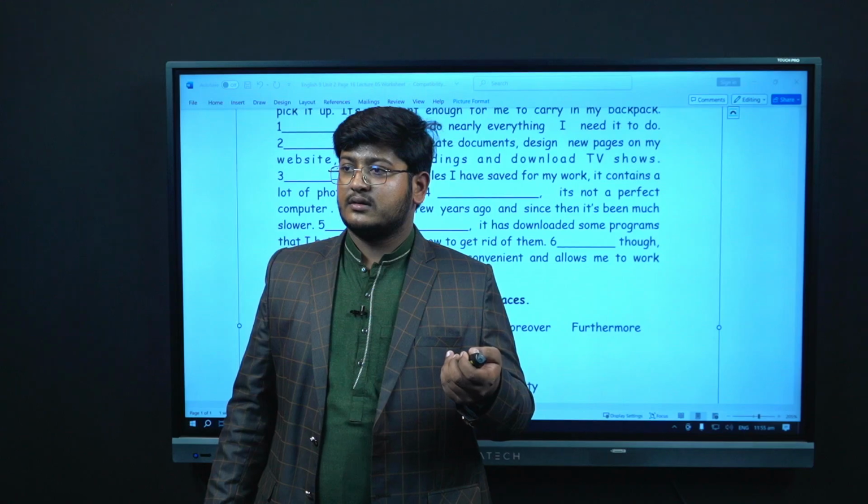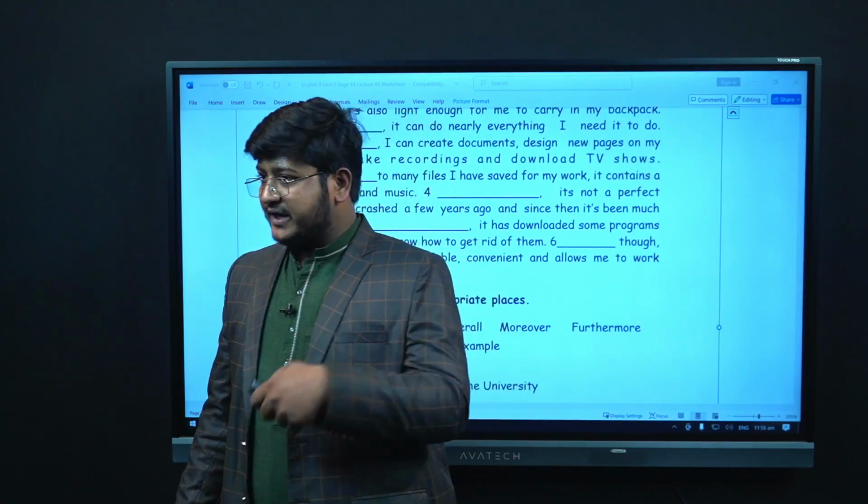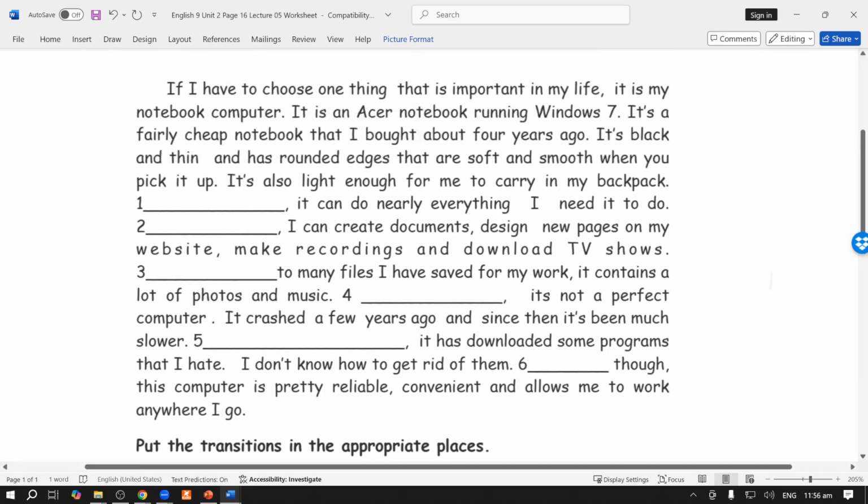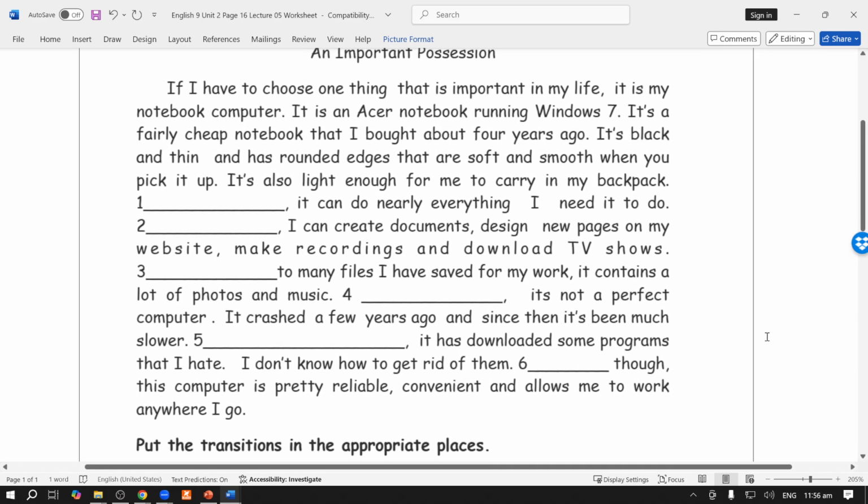Sir, please repeat the question. I'm repeating the question for the Renaissance School. So we are reading a descriptive paragraph about a notebook computer, like a laptop, that was running Windows 7. It's a fairly cheap notebook that I bought about 4 years ago. It's black and thin and has rounded edges that are soft and smooth when you pick it up.